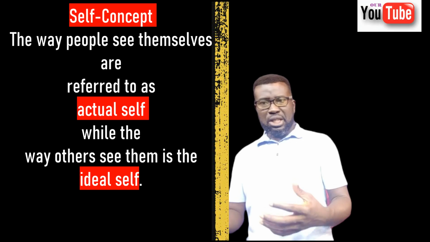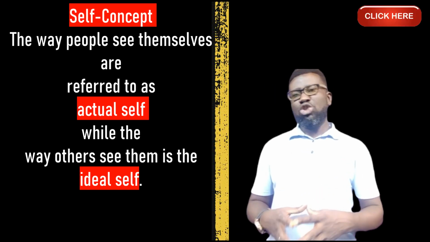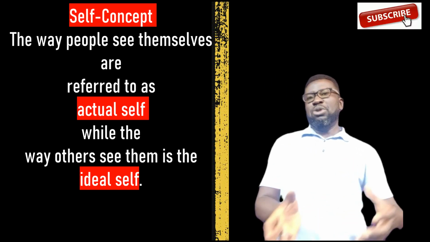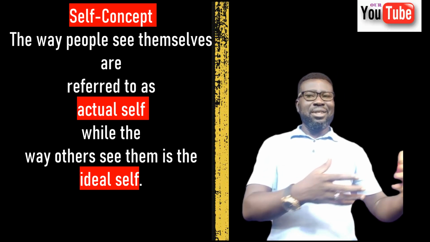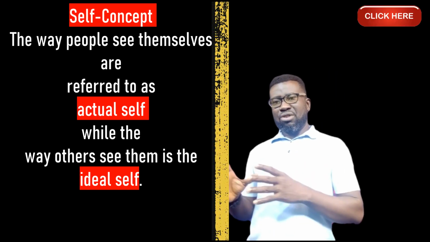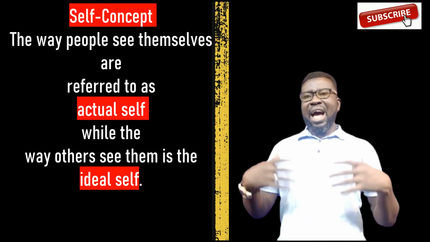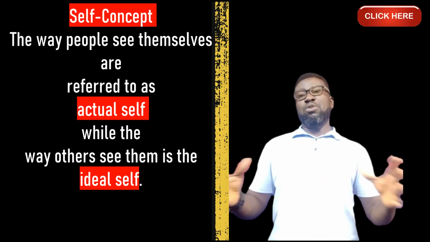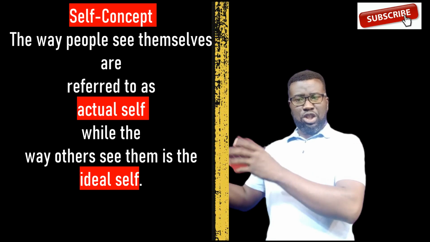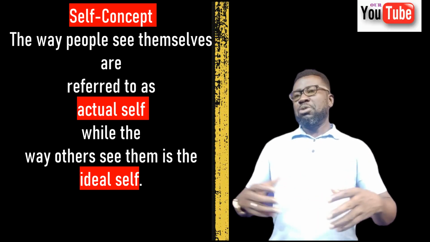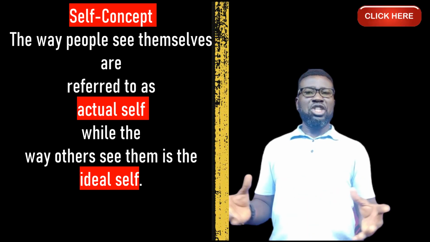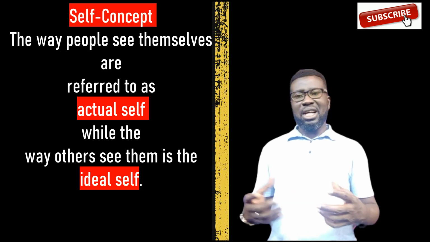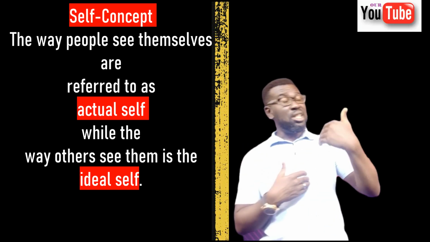So the way people see themselves I refer to as actual self, while the way other people see them is the ideal self. So marketers recognize these two self images, and this is reflected in the type of product or brand offering to such a consumer. It has been reported also that consumers purchase brands that have a personality that is consistent with their own.